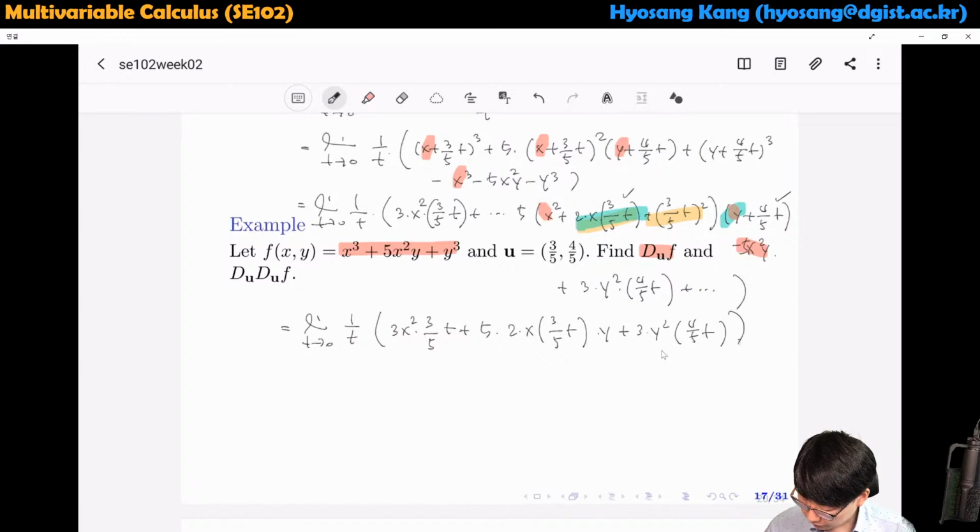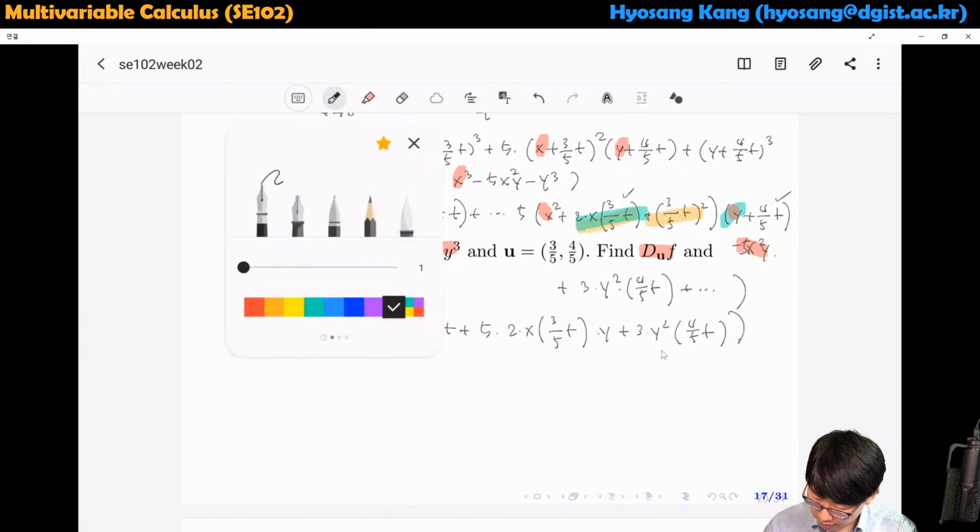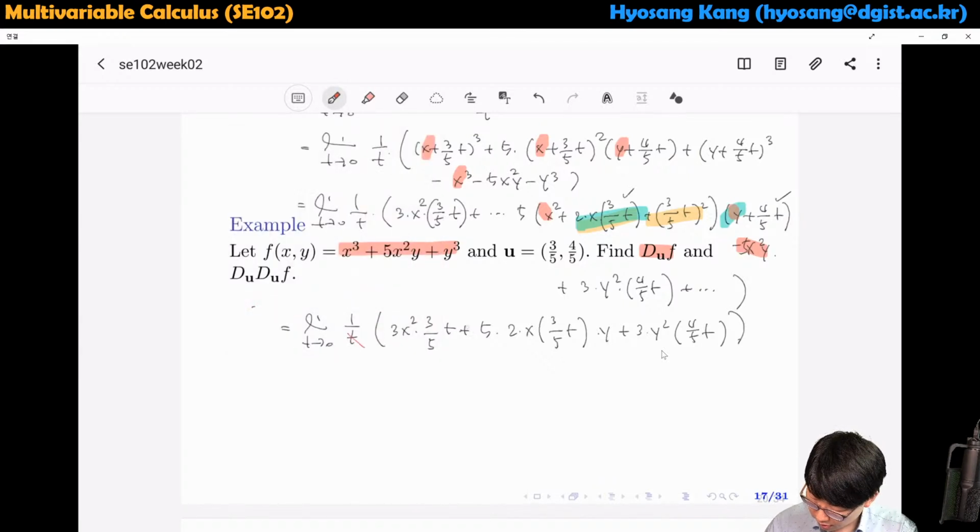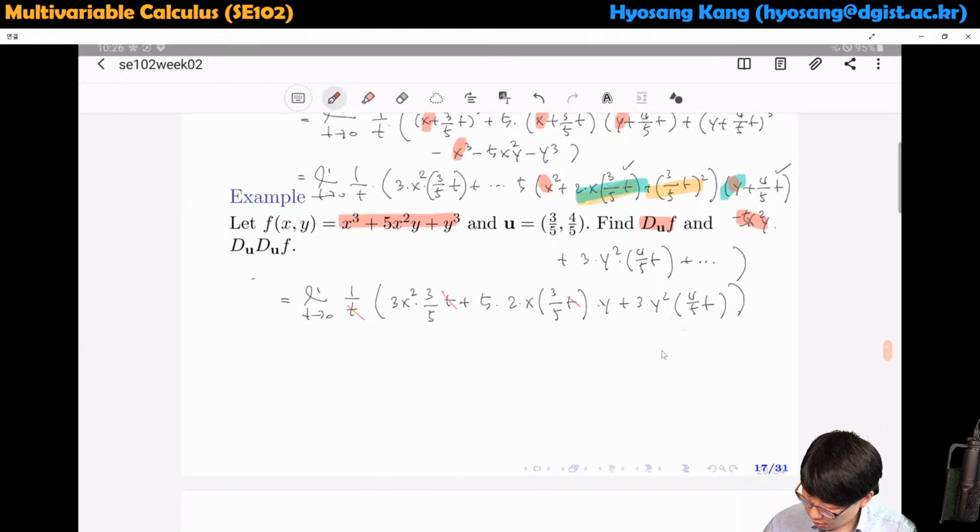Okay. And so I'm taking a limit, so I can do this, even though the actual formulation is different, but I'm taking a limit, so the value of the limit is the same. So take out this t, so get rid of t everywhere, so we have t, t, t, and t.